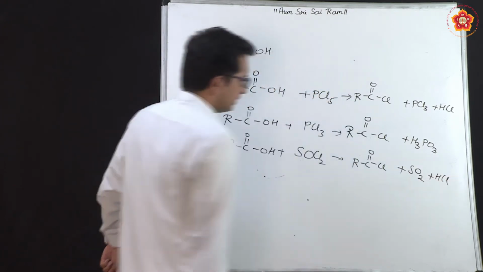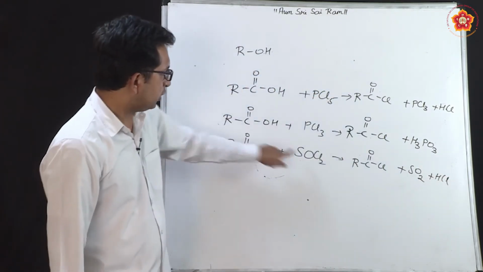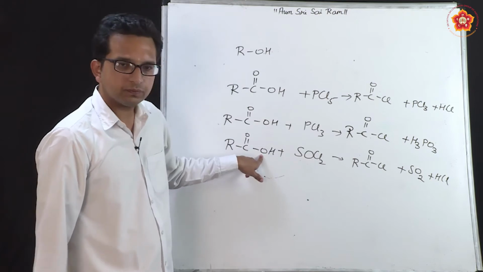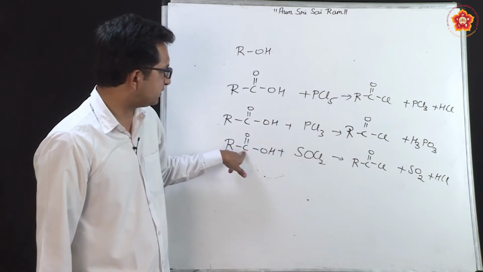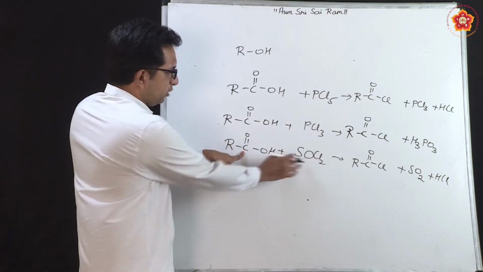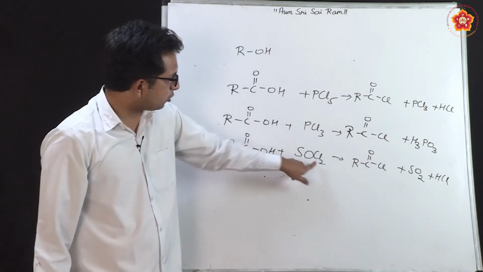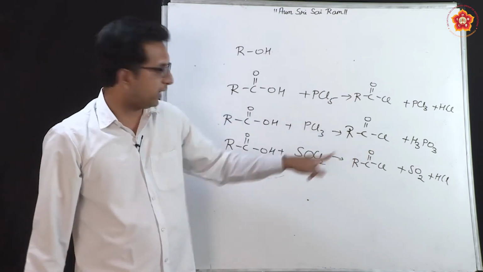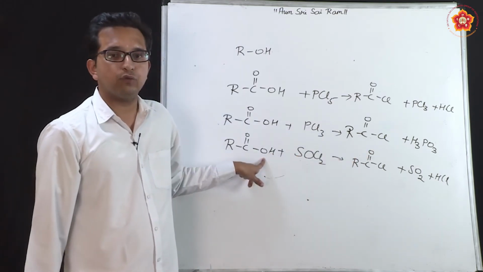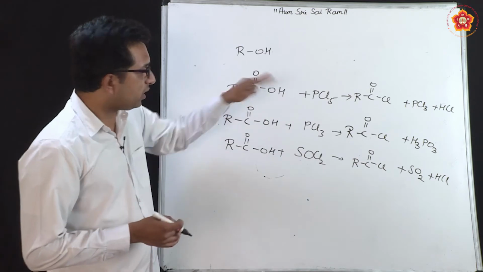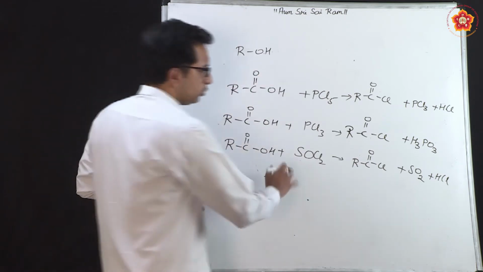The good thing is that among all these three reactions, if you see here SO2 and then HCl, one of the chlorines has come and attached to RCO, forming RCOCl. The other chlorine is going away with the hydrogen, and S and O combine to form sulfur dioxide. Among these three, the best reaction is going to be the last one.